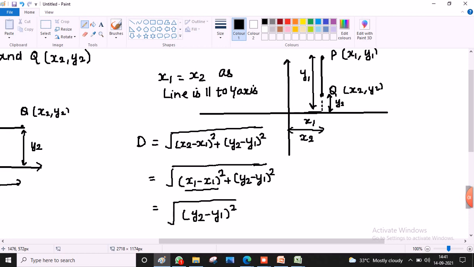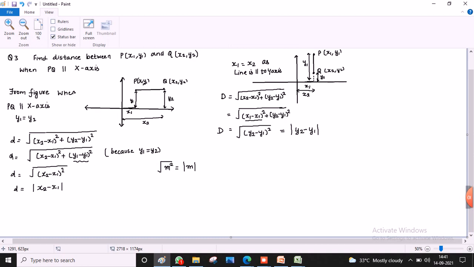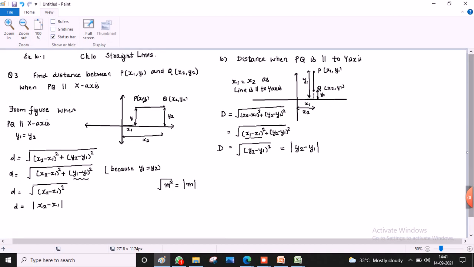As distance can never be negative, square root can never give a negative value. So the answer is modulus of y2 minus y1. So this can also be remembered as a direct result. You can note it down and ask if you have any doubt.